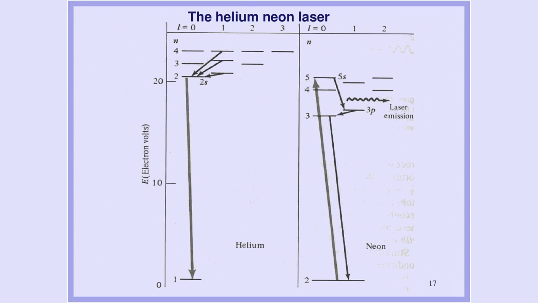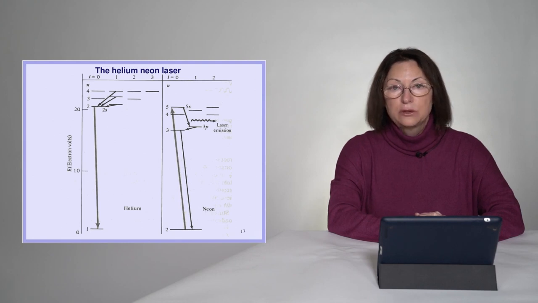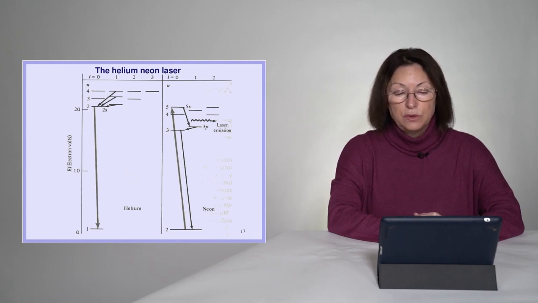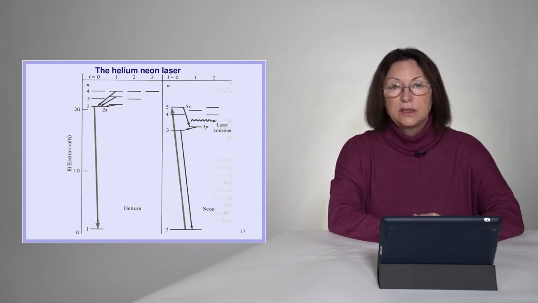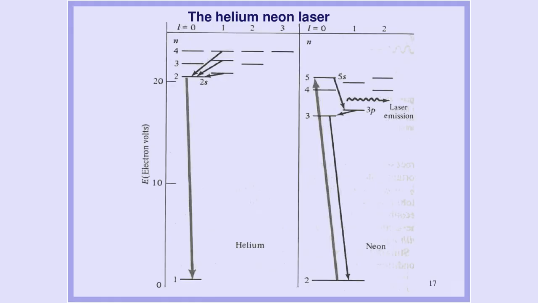The 2s level in helium, n equals 2 and orbital quantum number equals 0, is of 20.61 electron volts energy above the ground state and is lower than the 2p state, n equals 2, L equals 1.